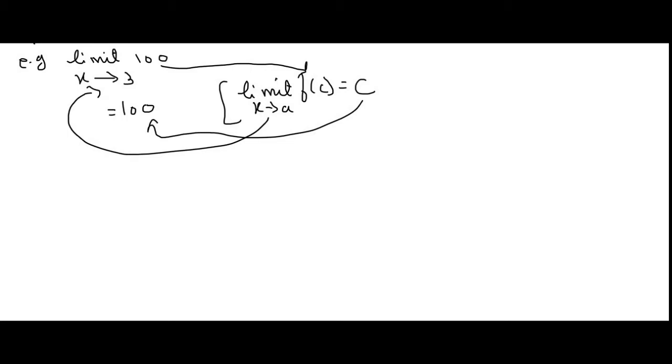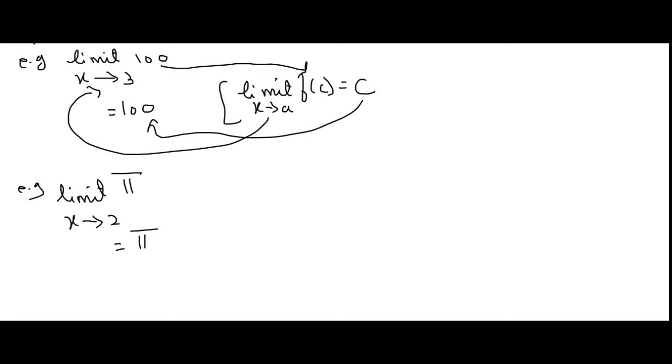Similarly, we can take another example. For example, limit x approaches to 2 of a universal constant pi. Since a universal constant is also a constant function, its value will always be the same, which is pi, which means any function whose value does not change will remain the same.